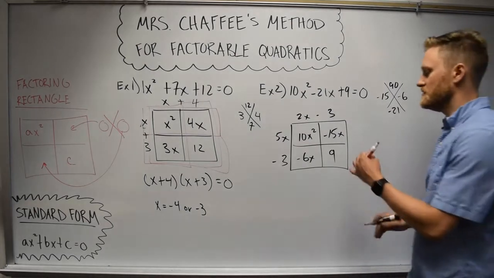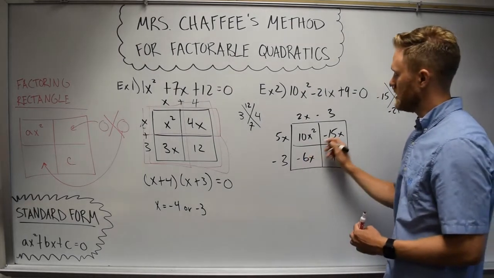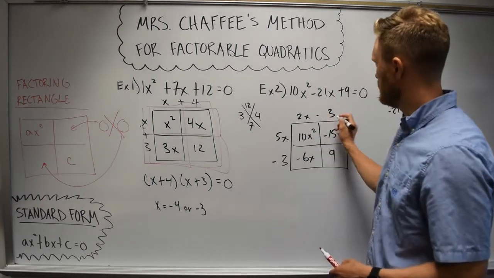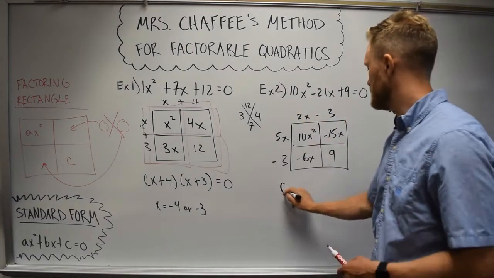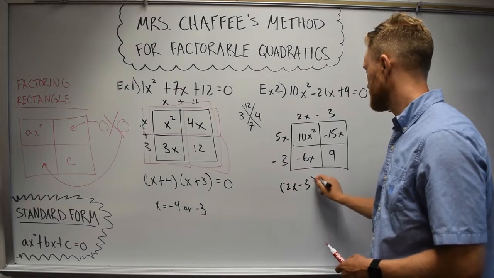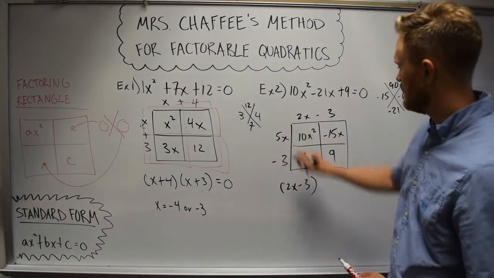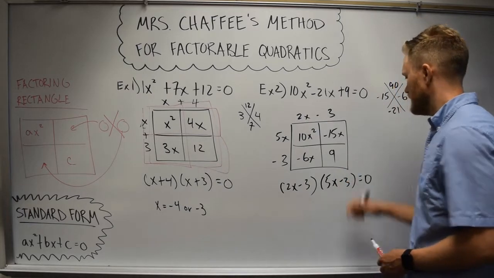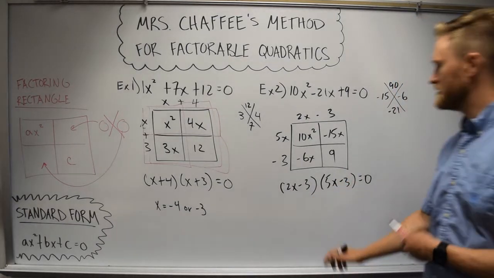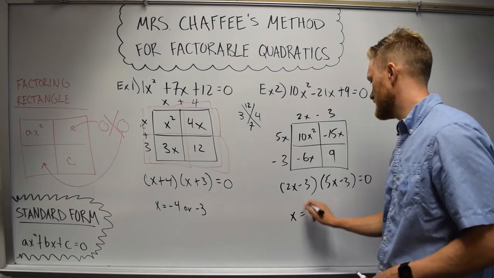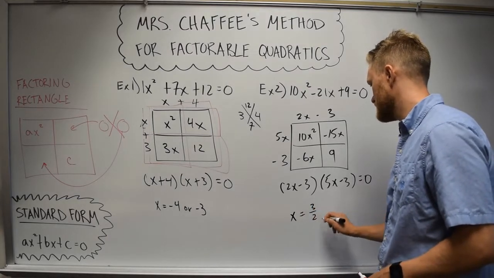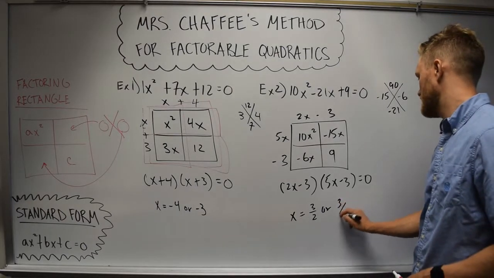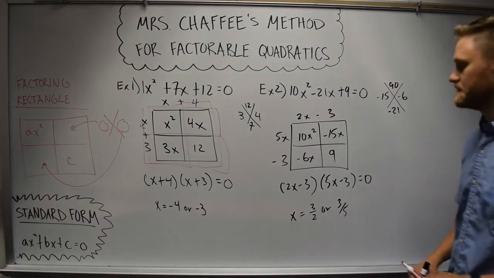If you do not get the right signs, you might have to change some things to get it to work. And so what we got on the top is 2x minus 3. What we get over here is 5x minus 3. And then we would set both of those equal to 0. So this one gives us 3/2 as a solution. And this one gives us 3/5 as a solution.